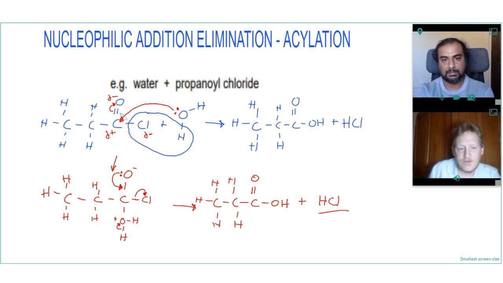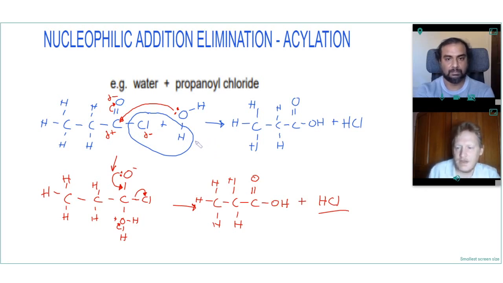And these are very polar bonds because of the electronegativity of chlorine and oxygen, and it means acyl chlorides are very reactive because of these polar bonds, and this reaction takes place at room temperature.